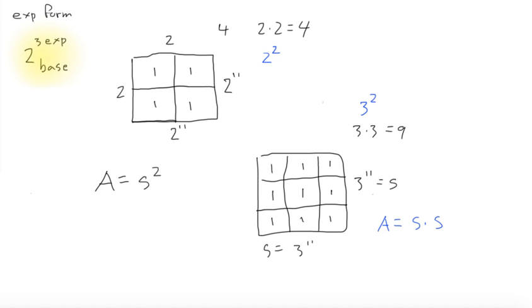It equals 3. So 3 times 3 equals 9. And you can rewrite side times side as side squared. And that's why the area of a square is side squared.